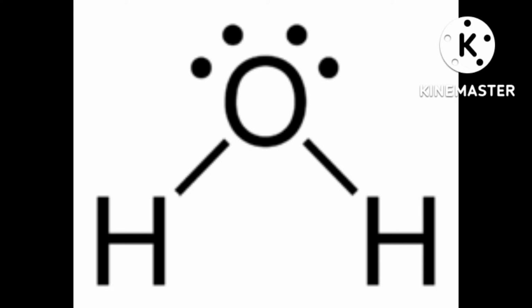Now I have told you this, but now the question arises, how do Cl2, H2, F2 form bonds? Chlorine, hydrogen, fluorine. Here the concept is a little different, but here also they get an octet, that is sure.